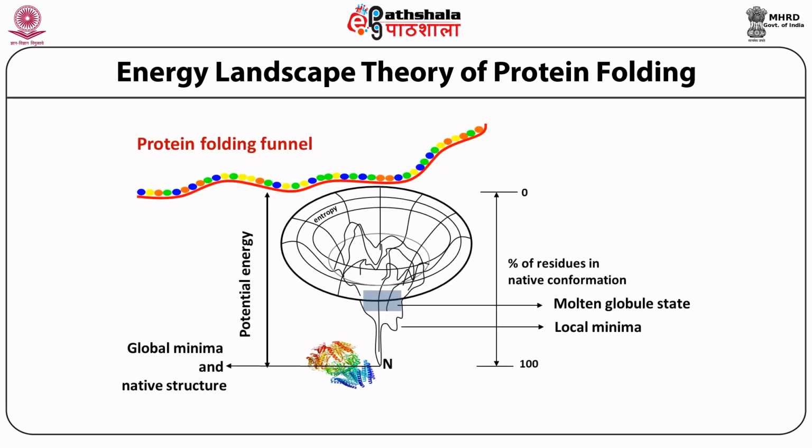In continuing to understand protein folding, we now move on to understanding protein folding from the perspective of energy landscape theory. According to this, the protein's native state corresponds to its free energy minima under certain solution conditions.